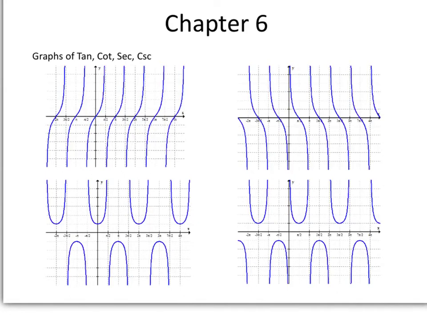For the others, what you're going to do is connect these points here to see if you have a minimum or a maximum at 0. So this graph that I just drew, that's cosine, which means that the blue one is secant. This pink one here, that's sine, which means that the blue one is cosecant.